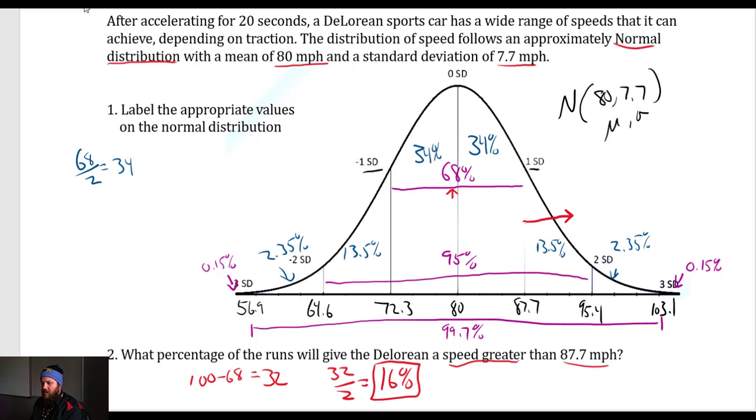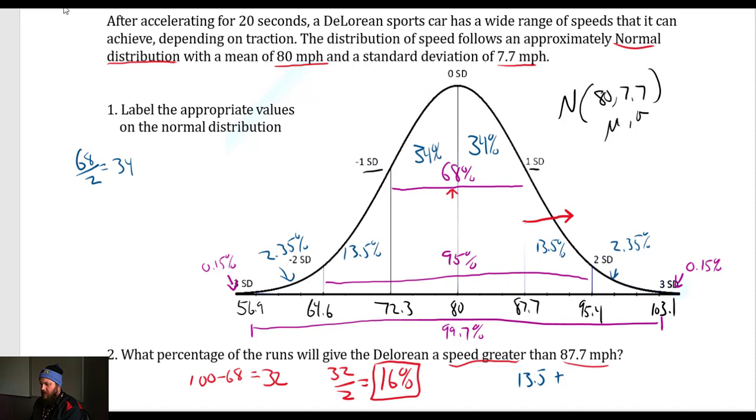Now, you can do it that way, or if you know these percentages off the top of your head, do you really need to do all the subtraction from 100? No, let's just add up what's above the one standard deviation. From 1 to 2 is 13.5.